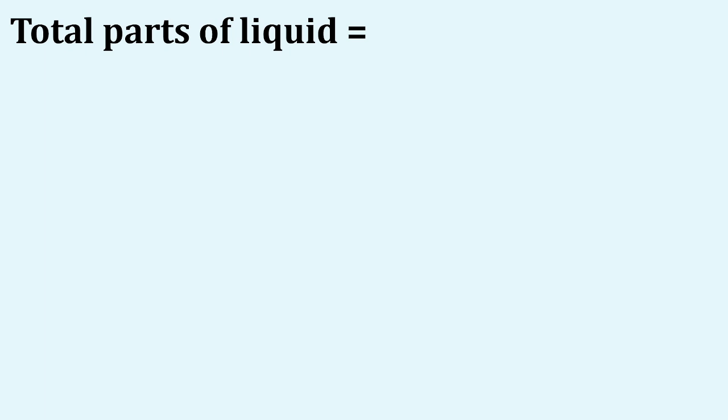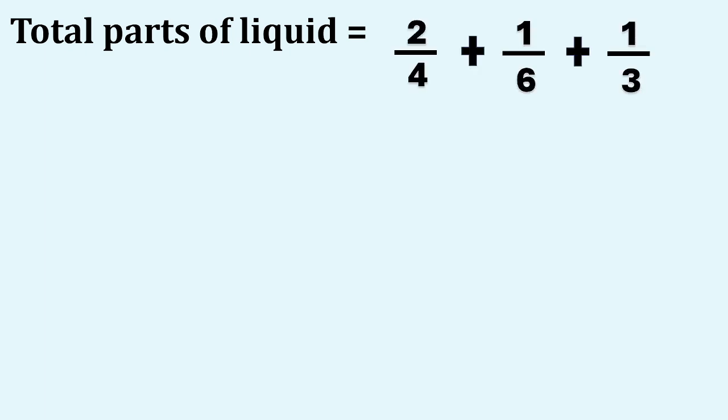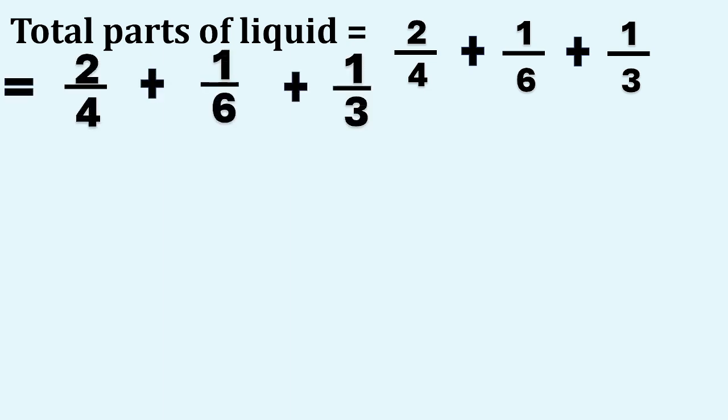Let us solve. Total parts of liquid equals 2/4 plus 1/6 plus 1/3. We are going to find the LCD of the three fractions. We'll take the three different denominators, 4, 6, and 3, and start making multiples of each of them. The multiples of 4, we have here 4, 8, 12, 16.